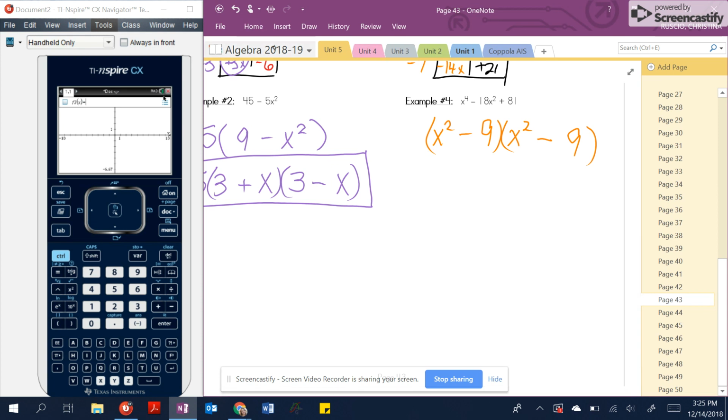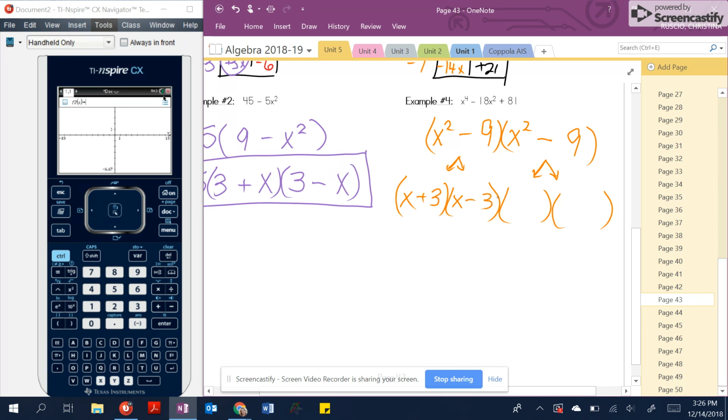But now, check it out. I'm looking at another difference of two squares. So, oh my gosh, this guy's going to get 2 factors. Or girl, we'll say one of them's a girl, one of them's a guy. So this polynomial will break down to 2 factors. What are the 2 factors? X and x, 3 and 3.